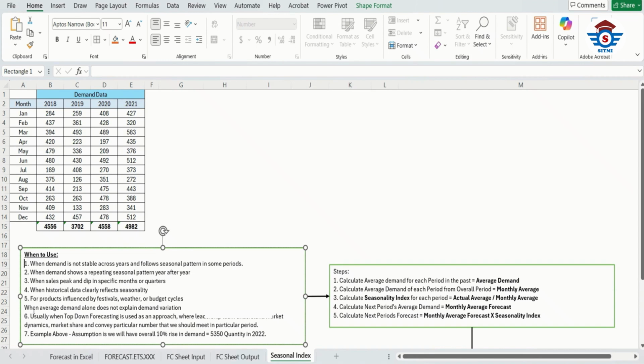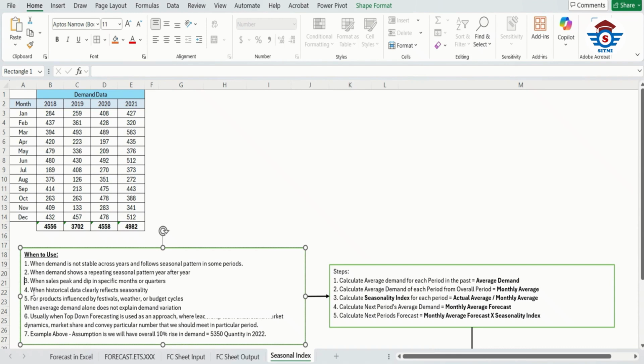So the first thing is, when the demands are not stable, we should look to use the seasonal index method. Secondly, when demand shows a repeating seasonal pattern year after year, or month after month, or quarter after quarter, we should look for the seasonality index method.